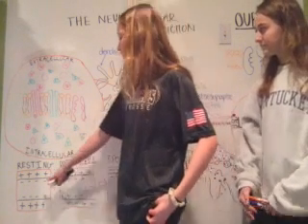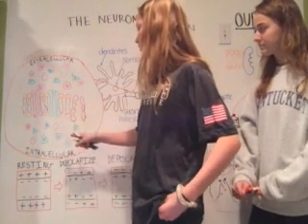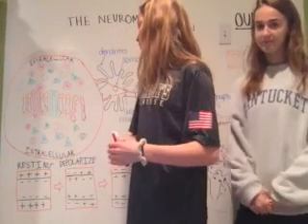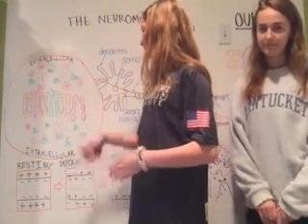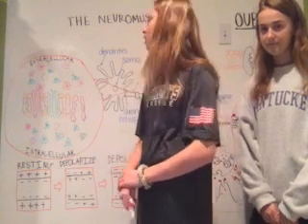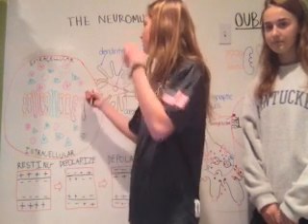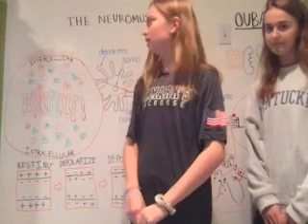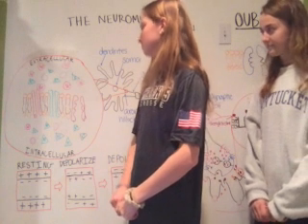So the inside of the cell is negative. You may ask why, and that is because proteins make the inside of the cell negative despite potassium ions being positive. And then the outside of the cell is positive because there's a high concentration of sodium ions that make it positive.